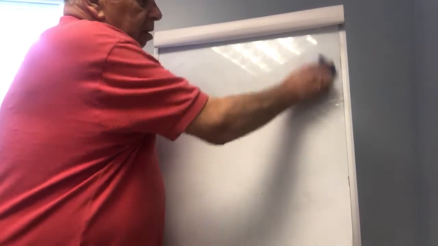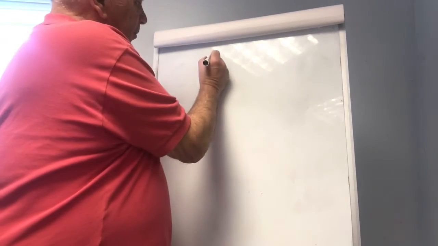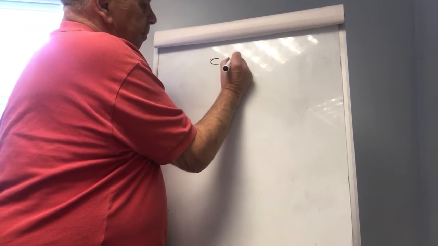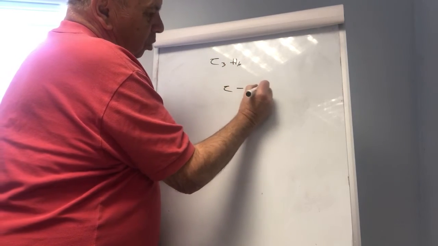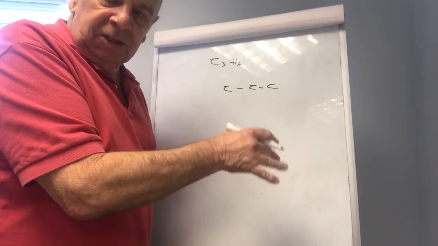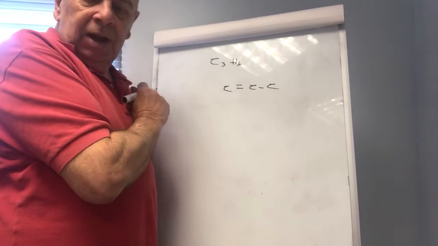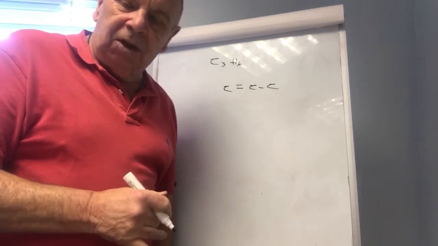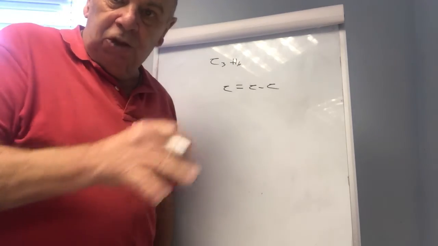Let's look at another example now. Propene, C3H6. We know it contains a double bond, it's an alkene. Let's put the double bond in there. And as I've said, carbon has a valency of 4, so it's got 4 bonds joined to it.